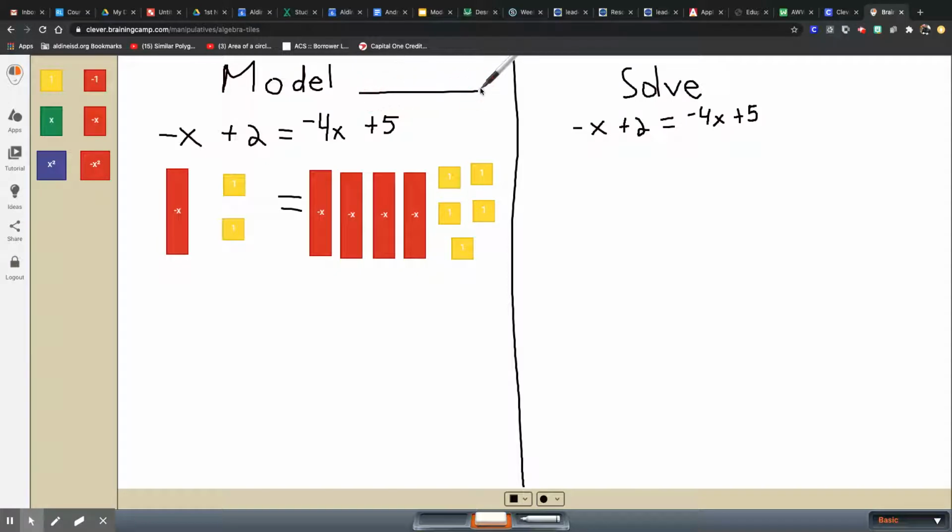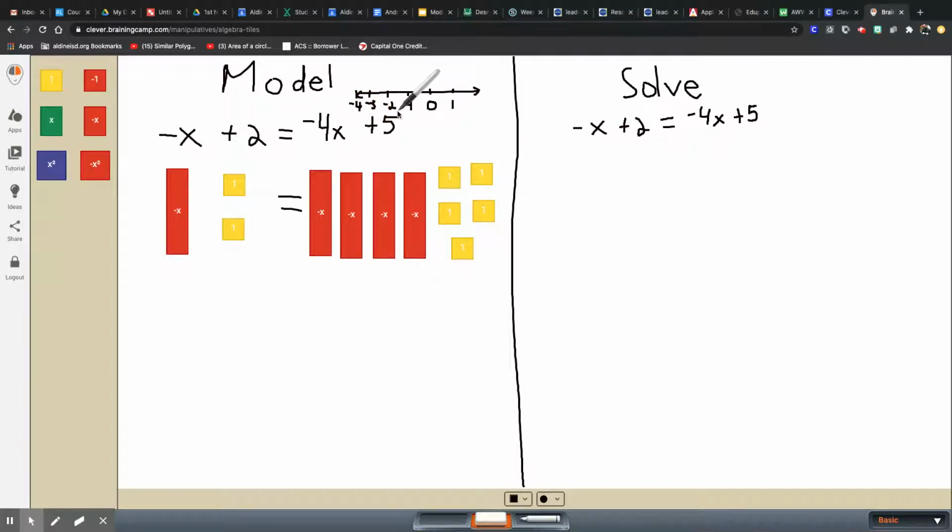Now, negatives can be tricky, so I'm going to put a little number line up here. If I've got 0, to the right would be positive 1, to the left would be negative 1, negative 2, negative 3, and then over here would be negative 4.